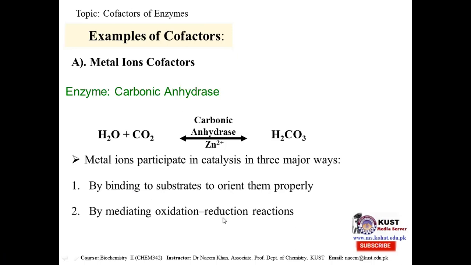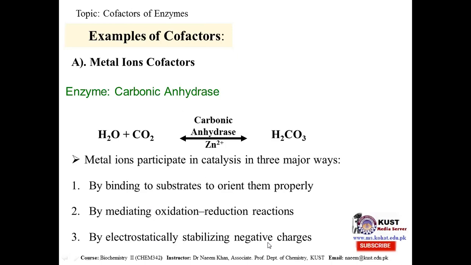Second, by mediating oxidation-reduction reactions. Metal ions are ions, so they can accept electrons or release electrons. That's why they are helpful in oxidation-reduction reactions. Whenever there is oxidation, there will be reduction, so they help through redox reactions. Another way metal ions help the enzyme to catalyze the reaction is by electrostatically stabilizing negative charge.